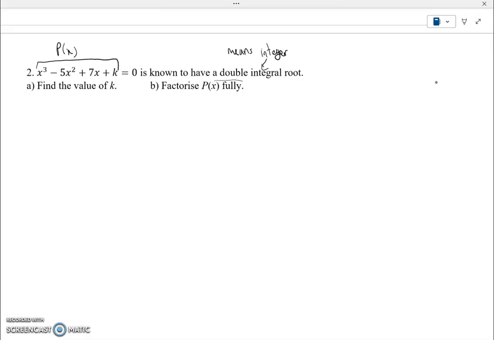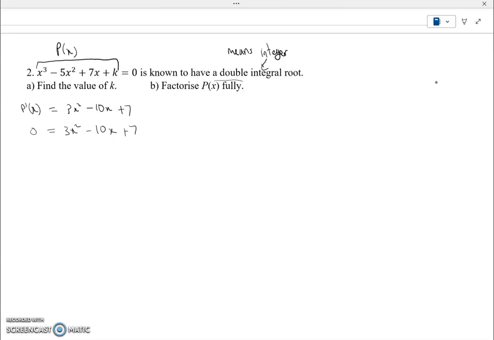Okay, so because I know that there is a double root, I know that if I differentiate p and set that equal to 0, it should be a single root for that. So let's go p dash x, let's differentiate this guy: 3x squared minus 10x plus 7. I'm going to set that equal to 0, and I'm searching for potential double roots.